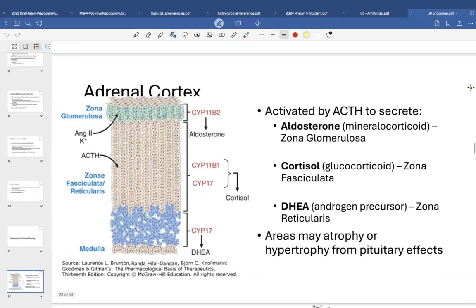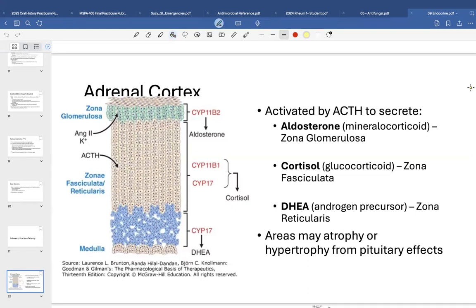The adrenal hormones are steroid hormones. And basically, when we talk about steroids, we have cortisol, which is a glucocorticoid that's secreted from the zona fasciculata of the adrenals, which is here in the middle.